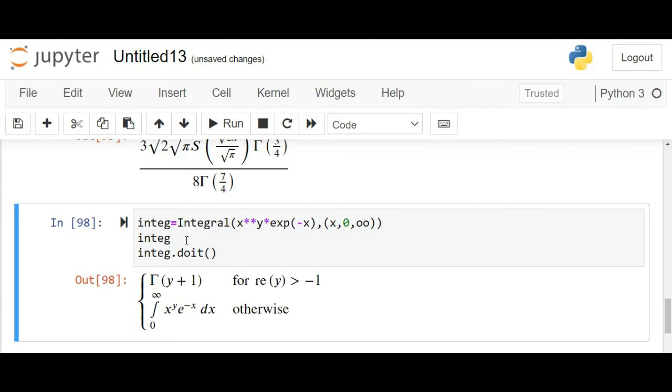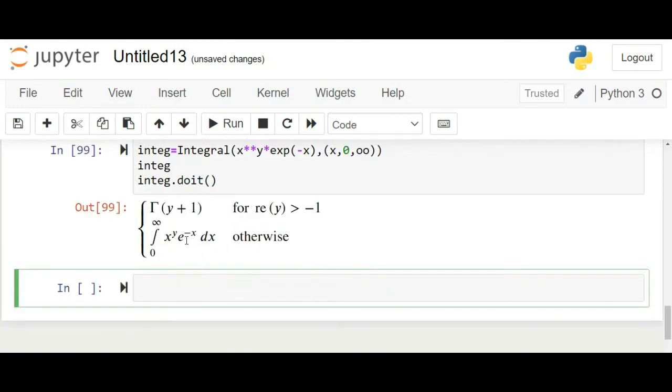limits. For example, if we want to find the limit of sine of x divided by x, and the limit is with respect to x, and x approaches 0.